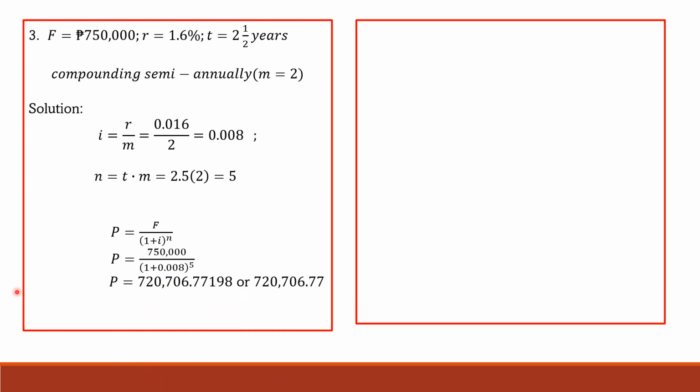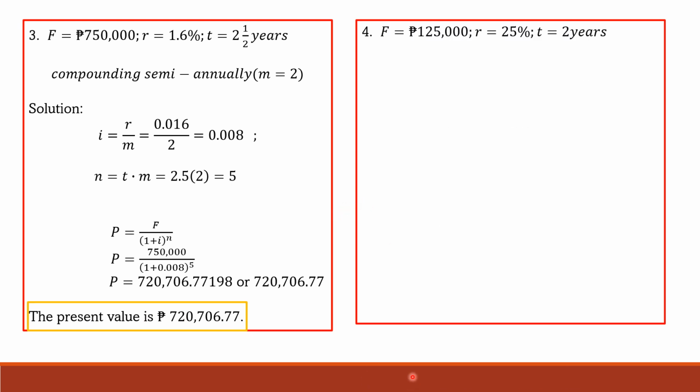So we have 720,706.77198 or round off 720,706.77. So the present value is 720,706.77 pesos.